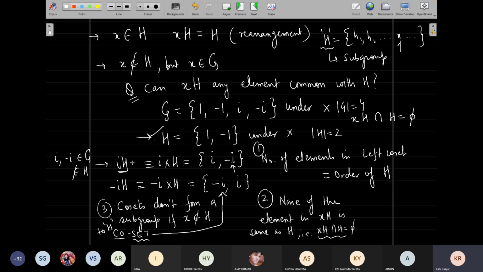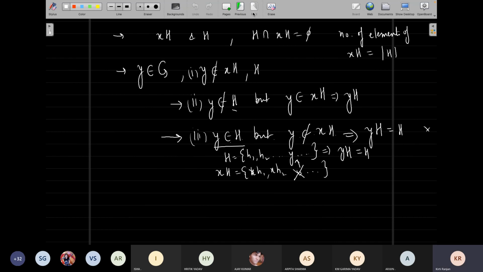Minus I belongs to IH, but minus I does not belong to H. What kind of result will it be? Is it a new coset which you are going to get? Is it the same coset? The same coset. So interestingly, it can be shown that in this case there exists only one possibility: YH is equal to XH.